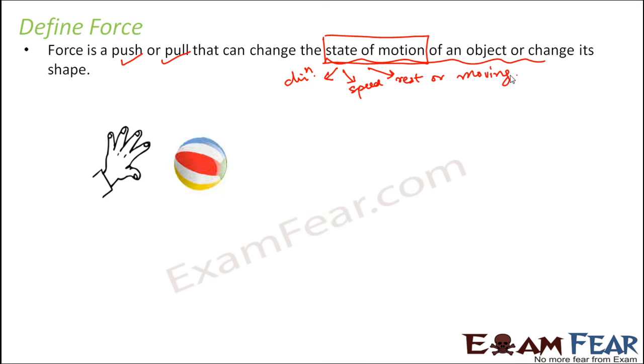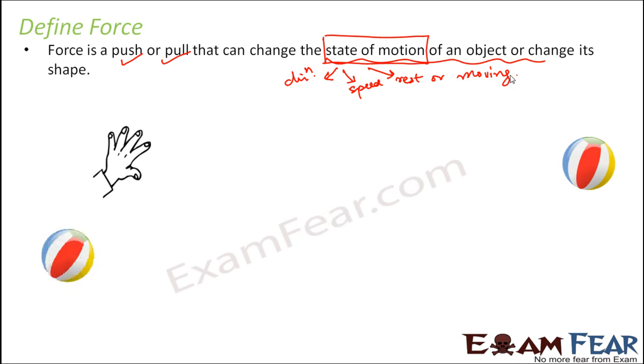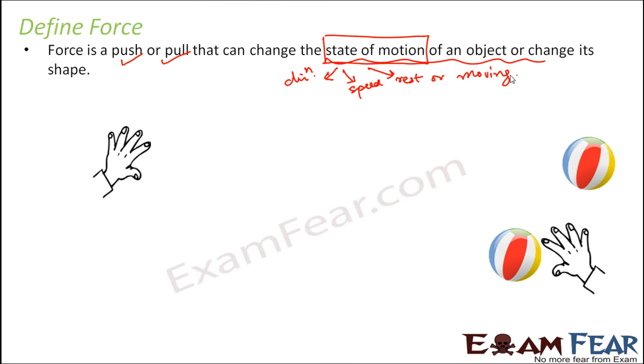That means if an object is at rest, it can make the object move. Similarly, if an object is moving, it can make the object come to rest. So initially when this ball was moving, the state of motion was moving. When you applied force, the state of motion is rest. Similarly, in the first case, initially the ball was at rest, but when you applied force, the ball started moving.